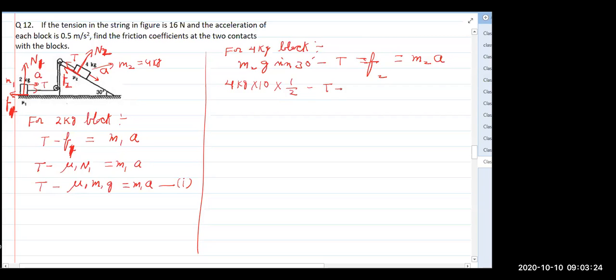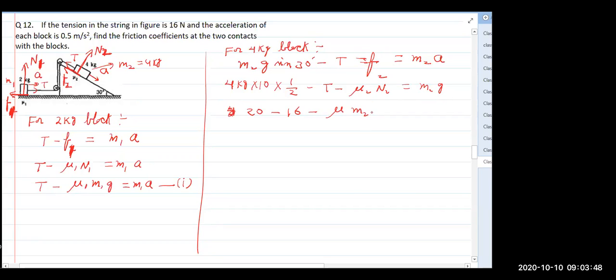How much is friction? Friction is mu2 into N2. So on the incline, the normal is how much? Normal is mg cos theta. So we can write 40 into half means we can write 20 here, minus tension also we can write 16, and mu2 times N2. And how much will be N2?